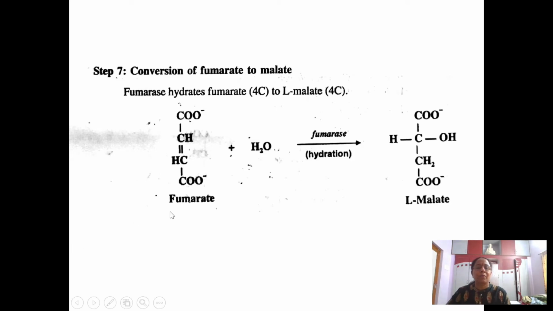See, in the last step you have got fumarate. Fumarate undergoes hydration in the presence of an enzyme fumarase to give you malate, L-malate. See, this is a double bond. You know very well characteristic reactions of unsaturated compounds or compounds having double bond is addition reaction.